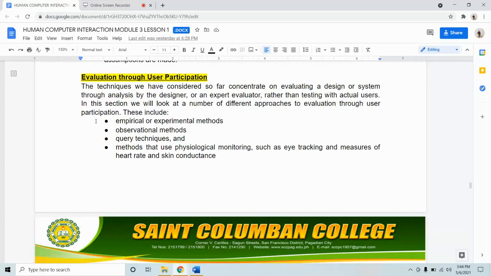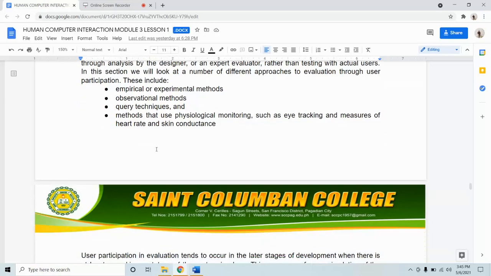We also have evaluation through user participation, and from the name, this suggests that we will evaluate the artifact with the presence of end users. Two of the most commonly used user participation evaluation techniques are observational methods and query techniques. So let me go back to the folk dance analogy.